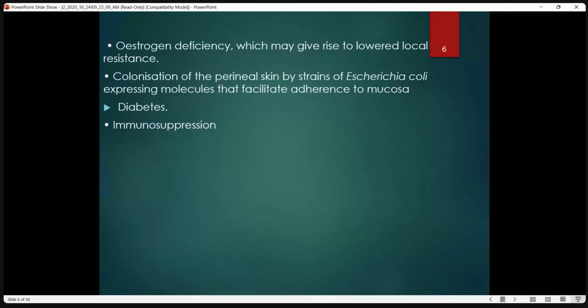But there is a very thin line between being a normal flora and an outgrowth of E. coli in the urinary tract, which will bring infection.